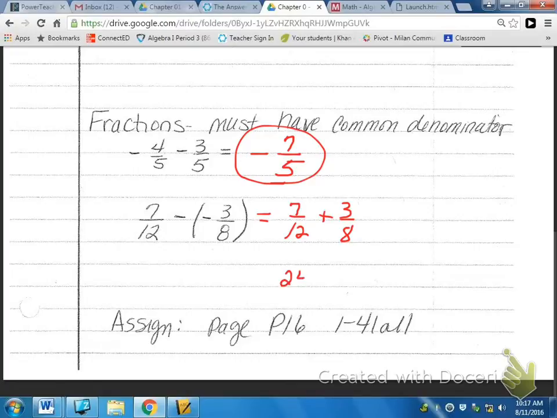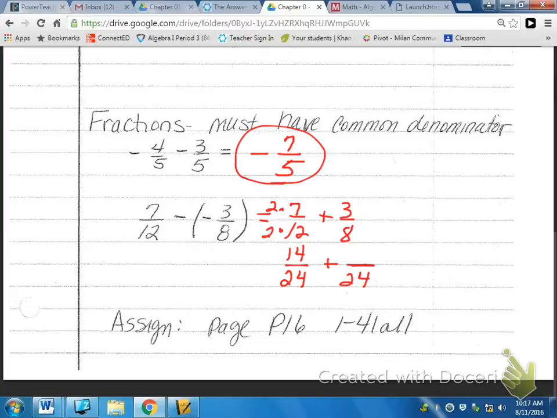I'm going to rewrite both of these with a denominator of 24. So, Jared, how do I go about changing 7/12 to something over 24? Yeah, since 12 times 2 is 24, I got to take 7 times 2. So what would that be?